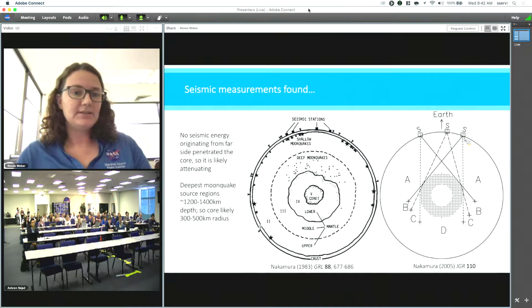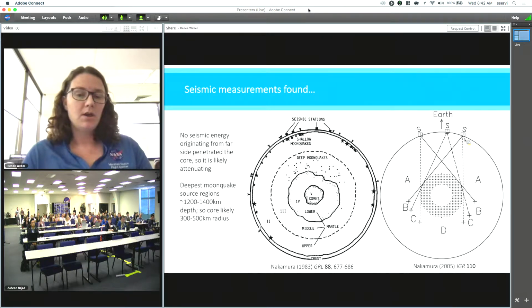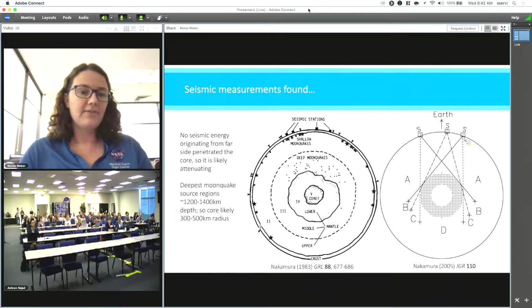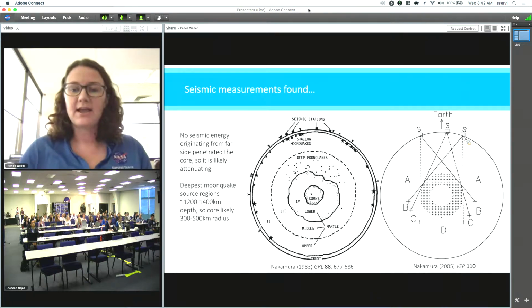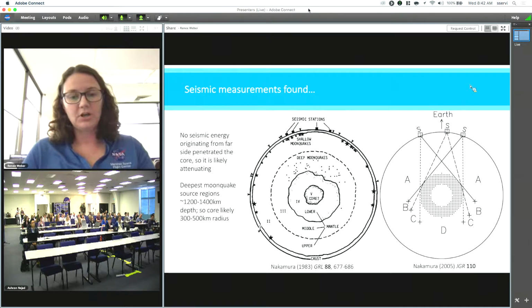And those stations did not detect any seismic energy originating from the far side of the moon, which indicates either that the far side of the moon is aseismic, which seems unlikely, or that there is a highly attenuating core that's just keeping seismic energy from the far side from propagating to the near side. And also the deep moonquake source regions were found to be in a region, the deepest ones, approximately 1,200 to 1,400 kilometers deep, which also can place constraints on the size of the core if it exists.